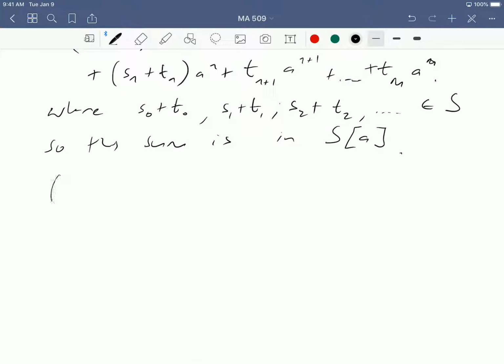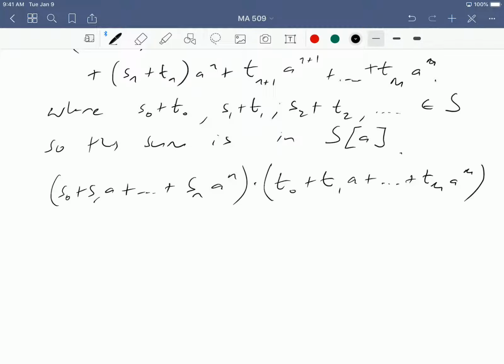So I'm going to take those same two elements, so the whole set of S's times, this time, the T expression. Okay, and now I want to multiply these out and see if I still am in S adjoin A, see if I still can be written in that format.